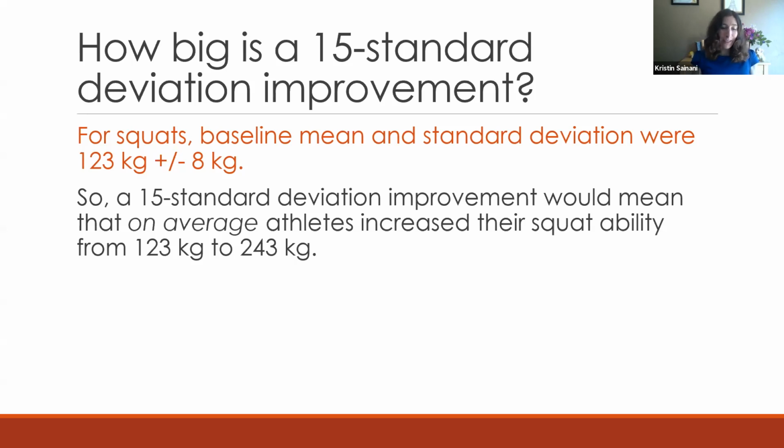And so this, to me, although I don't know much about squats, seems like an implausible and probably impossible effect size, because this is just on average, meaning that some athletes would have had to improve even more than that. And so indeed, this actually is an impossible effect size because an error was made here.